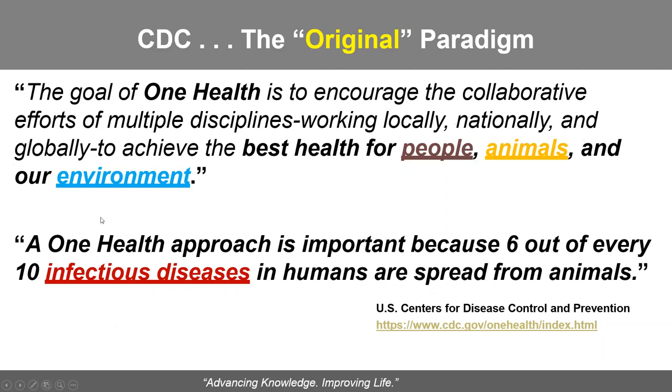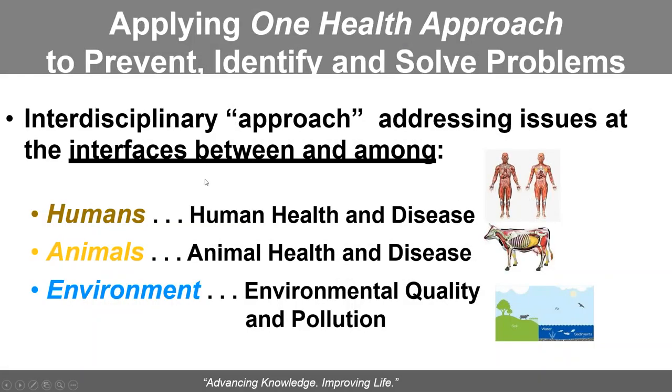So this is a more integrated approach, so that rather than simply looking at a contaminated environment and potential exposure sources to people, or the environment and animals, you look at them collectively, at that interface between them all. Having said that, at Ohio State, we've expanded this paradigm.